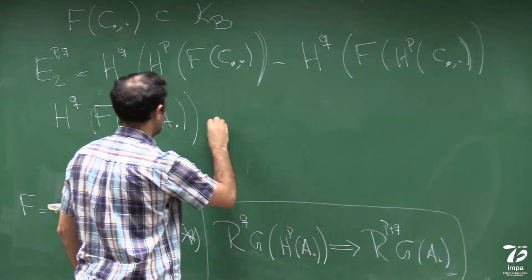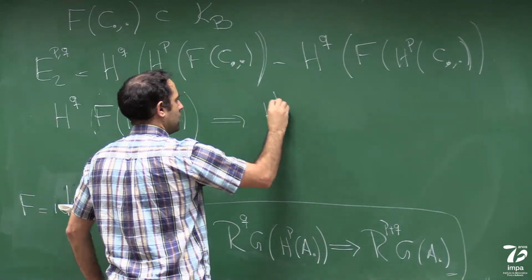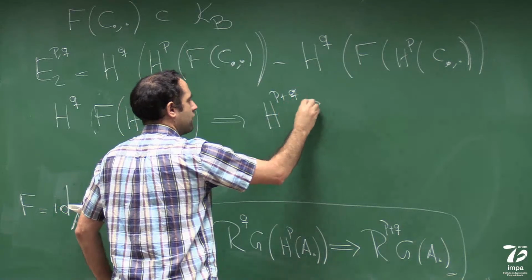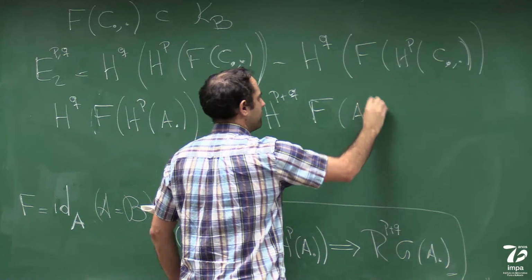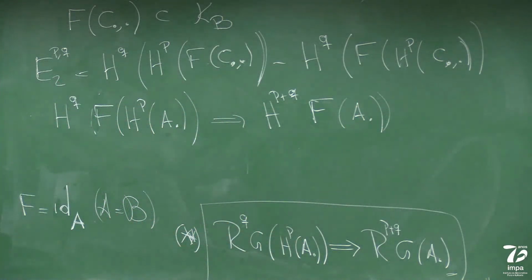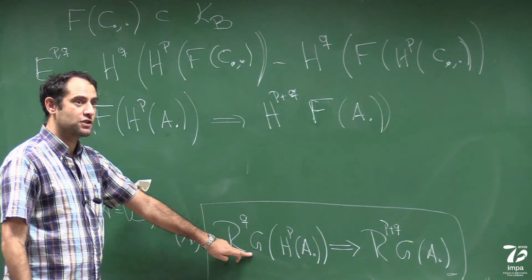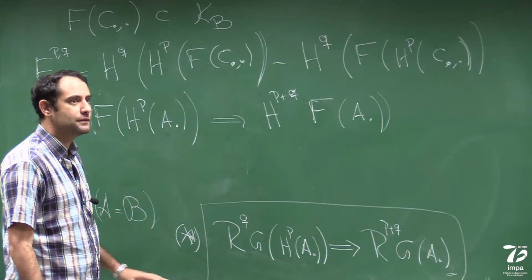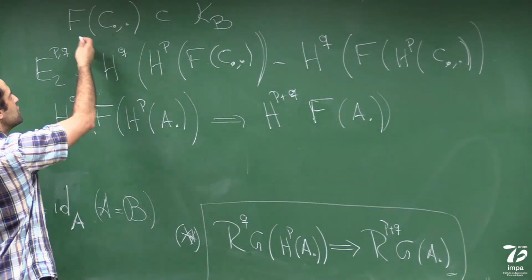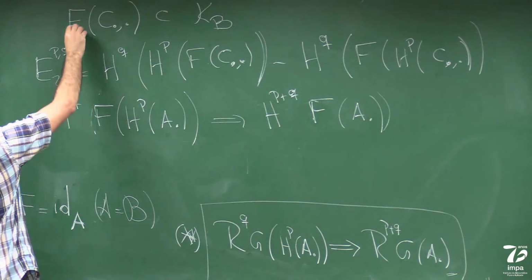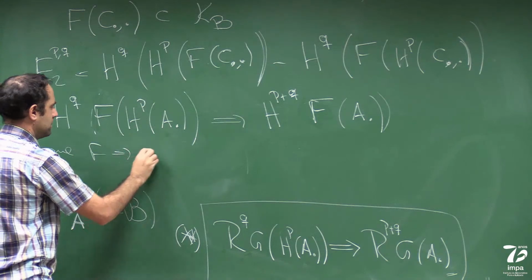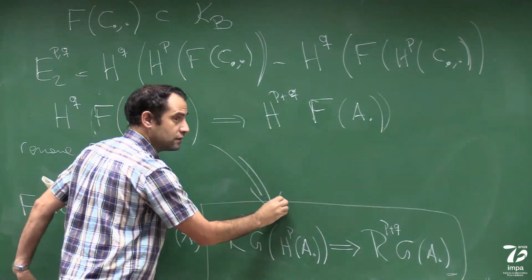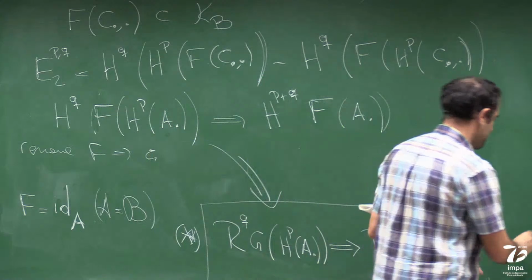And this side here is H P plus Q of F of that complex, which is what this guy converges to. So we've proven this identity for a functor G, which I called F. So rename F to G, and we've proven this identity, which we know proves the whole theorem.